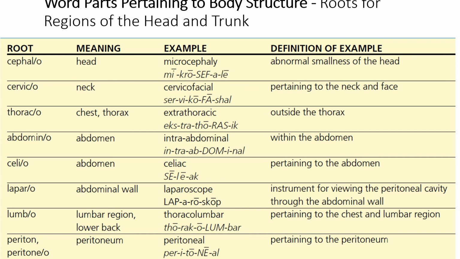Then we have periton or peritoneo, which means peritoneum. The example is peritoneal, pertaining to the peritoneum. So again, the peritoneum is the lining that covers the organs in the abdominopelvic cavity.